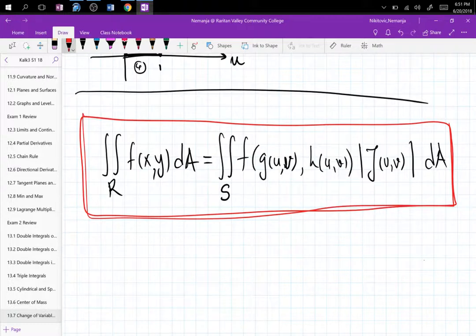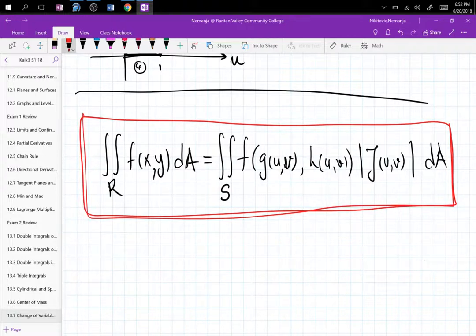Please look at all of the components that we have in this integral. The part that we did so far is the transformation of the limits of integration, which transforms region R into region S. And those are the two problems we did so far. Then you have to take the function as is and change every x and every y of that function into u's and v's according to the transformation, and that goes here.